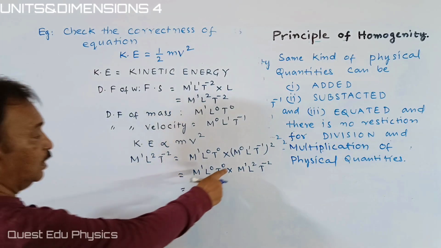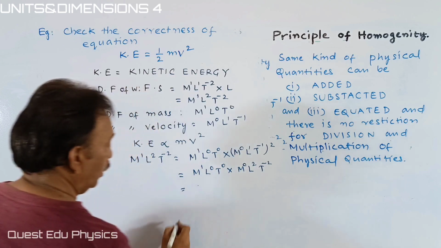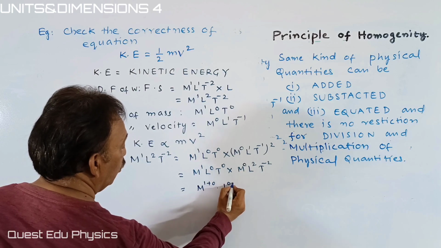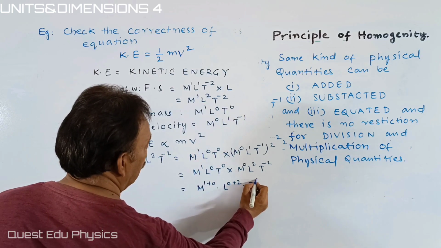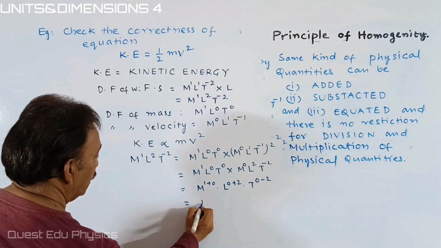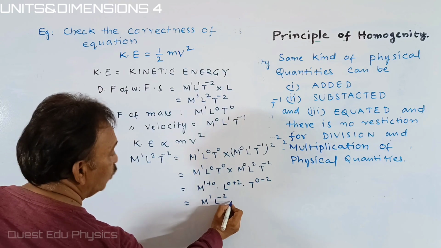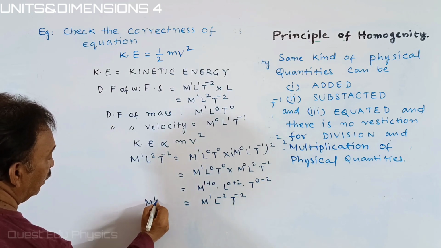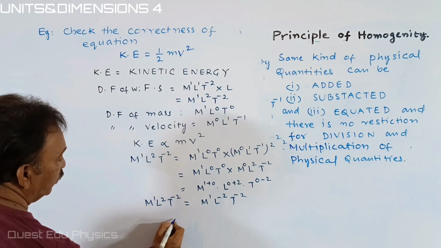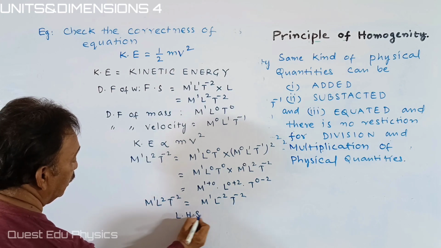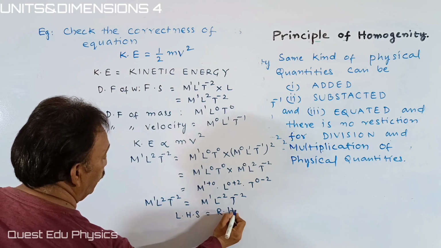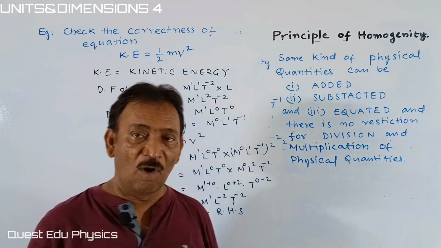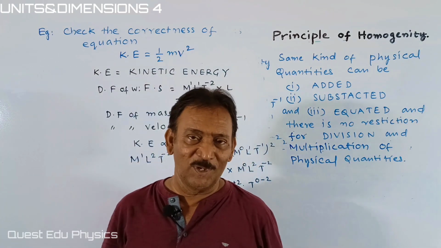That is M1 plus 0, L0 plus 2, and T0 minus 2. That is M1, L2, T inverse 2. See, the same thing is yielded here. That is what, students? LHS is equal to RHS. Hence, this equation K is equal to half mv squared is dimensionally right, students.